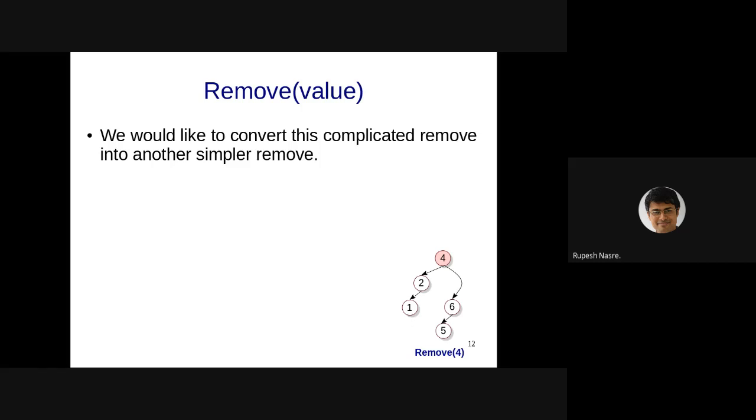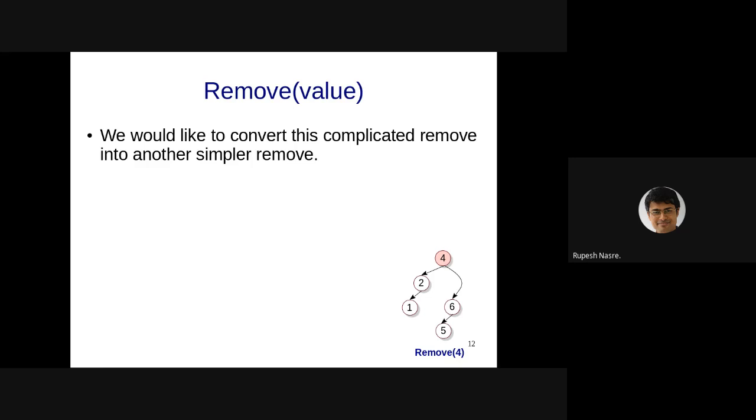So there is something special about 2 and 5 and that speciality is what Shania and Yashwant Reddy have mentioned, that if we are looking at the sorted array having all these values and we want to remove 4, the next root has to be the one which is just to the left or just to the right of this 4, which means just to the left is 2 and just to the right is 5, and therefore these two values will not violate the BST property if these become root.